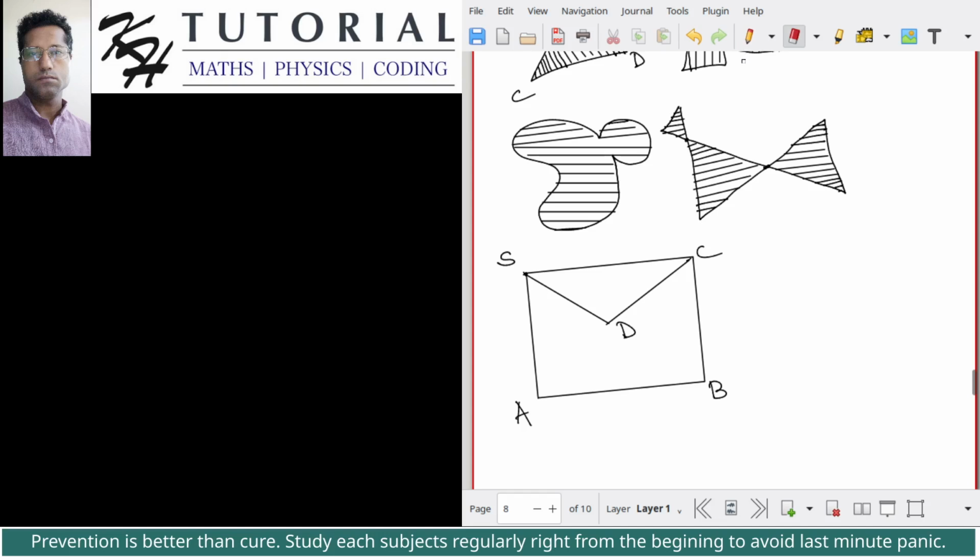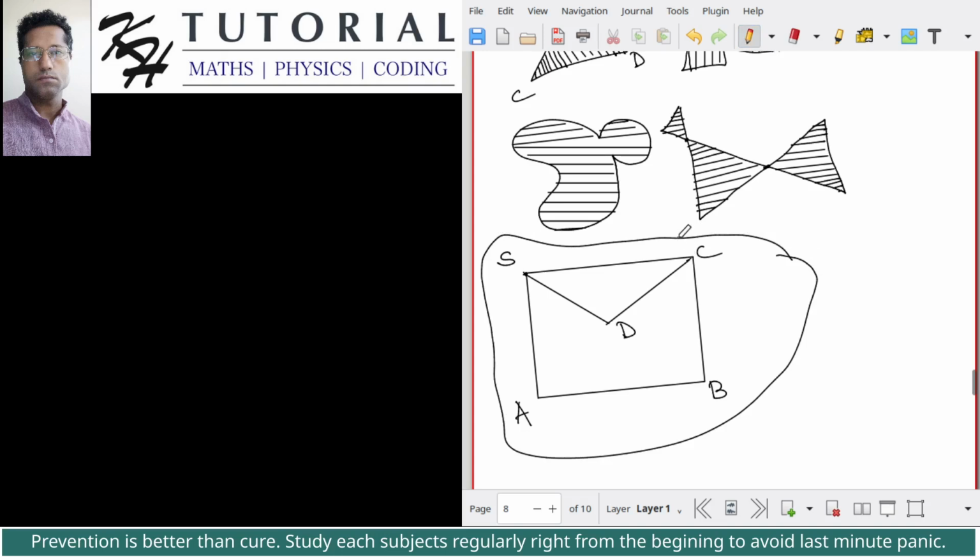I'm really not sure whether this figure is a closed figure or not, because the figure was closed when the rectangle SABC was drawn, and then S. Anyway, let's not discuss this figure.